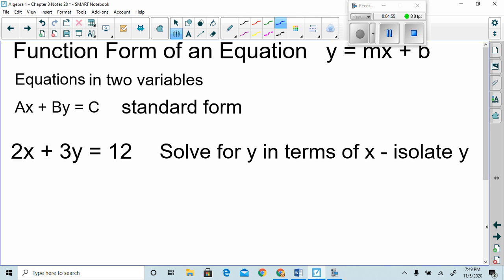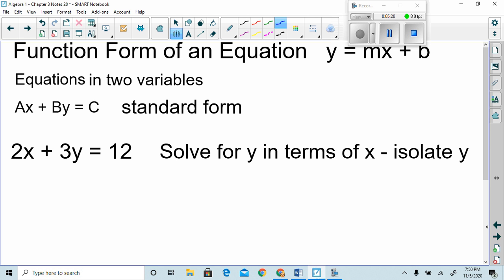So again, my goal is to isolate a variable. Anytime you isolate one variable on one side of an equation, it's in a function form. In particular, for slope-intercept, we want to isolate y. Always read your directions carefully. Once in a while, someone might ask you to solve for x instead of y, but for the majority of our problems, we'll be solving for y.